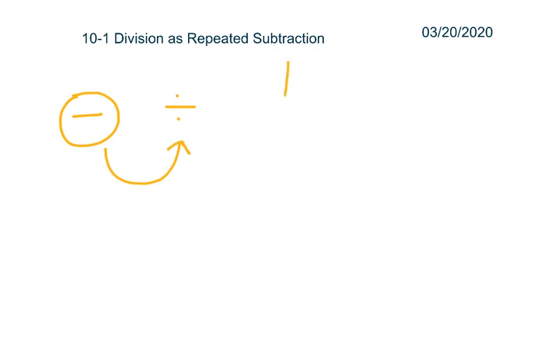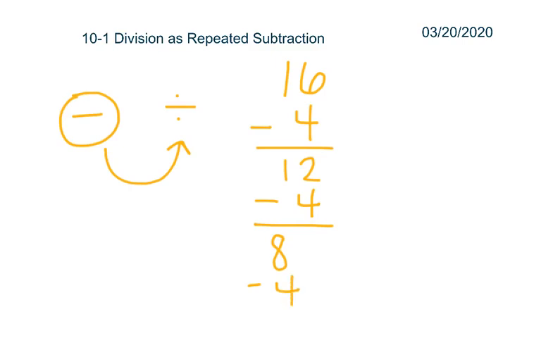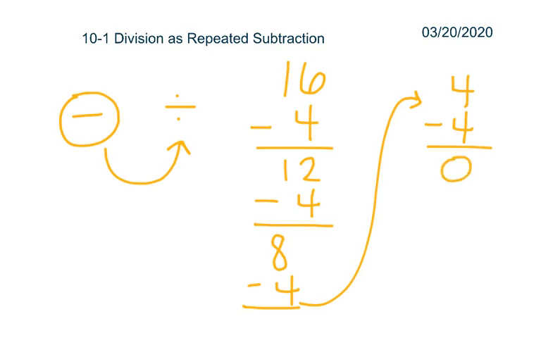For instance, if I start with 16 and I repeatedly subtract 4, that's the same as saying 16 divided by 4 equals 4.